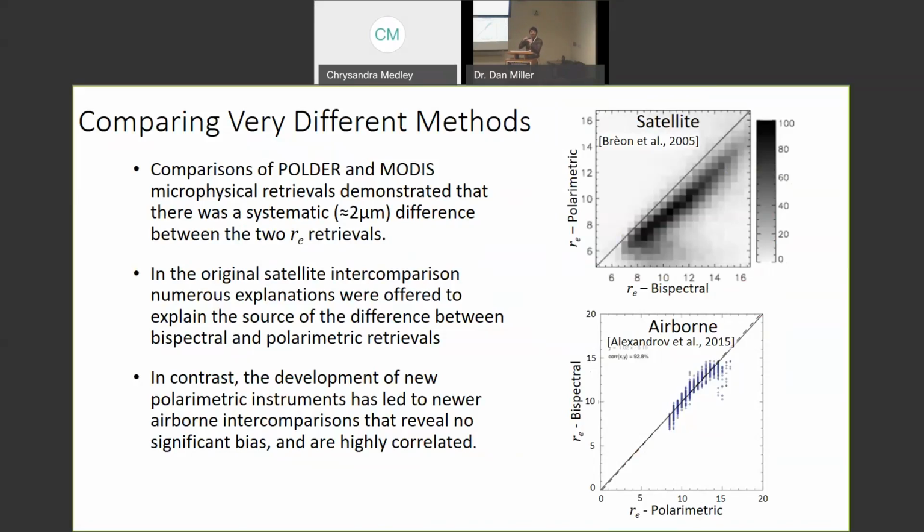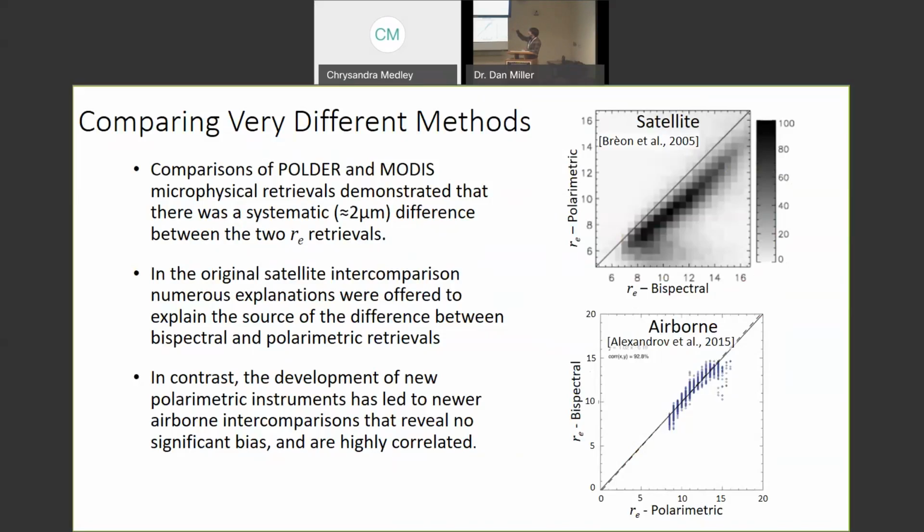They're coming from the very top of the cloud. And if the cloud is adiabatic and the droplet sizes are increasing as you go into the cloud, the one that is most sensitive to the top should be the big one. And then if you go to one of these bispectral retrievals where there's a lot more scattering deeper in the cloud, the idea was that they should be smaller and not bigger.